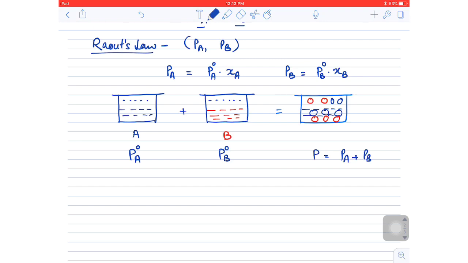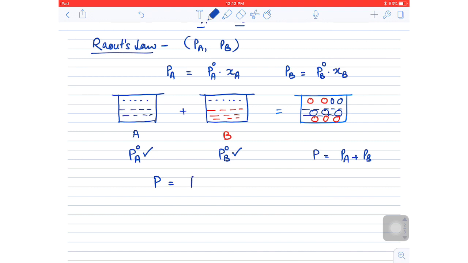So this is P naught A, the vapor pressure before mixing. And P naught B is the vapor pressure before mixing of component B. So according to Raoult's law, we have calculated PA and PB.